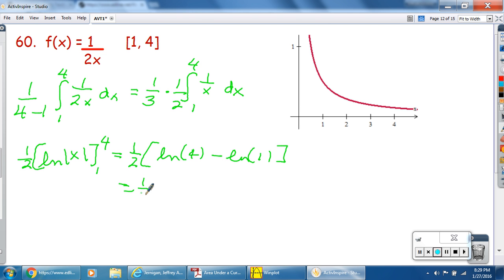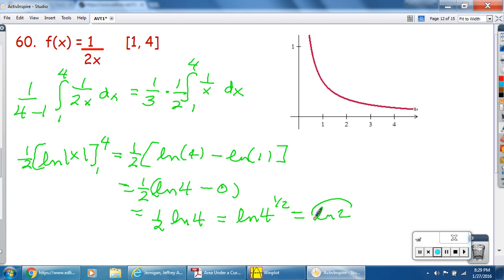The ln of 4 is a decimal value that I don't know. The ln of 1 is 0, so we have 1/2 ln of 4. Could change that into ln of 4 to the 1/2. I don't think this is absolutely necessary, but it's a good idea to review that log property. So that would be ln of 4 to the 1/2, which would be ln of 2. That is the average value.